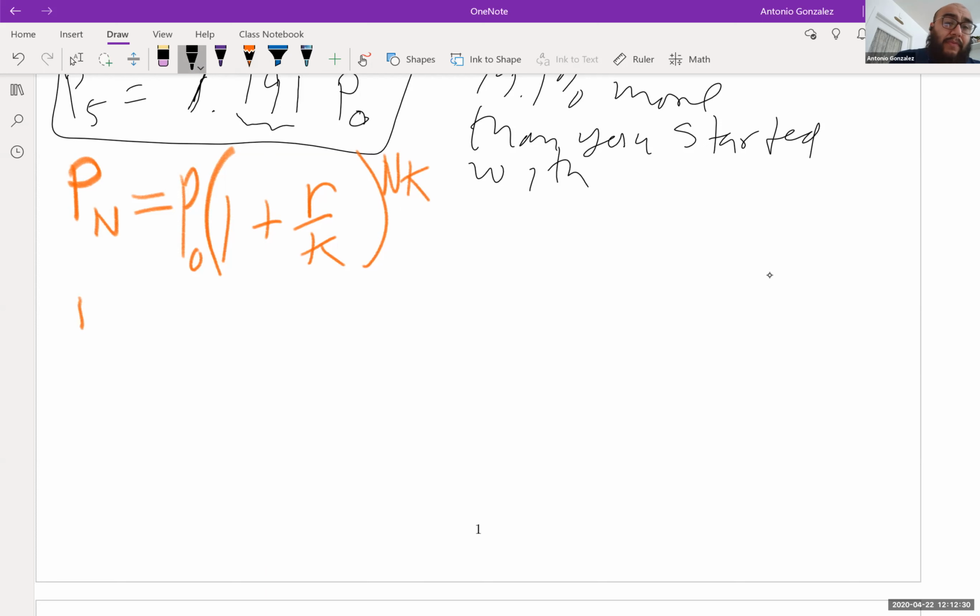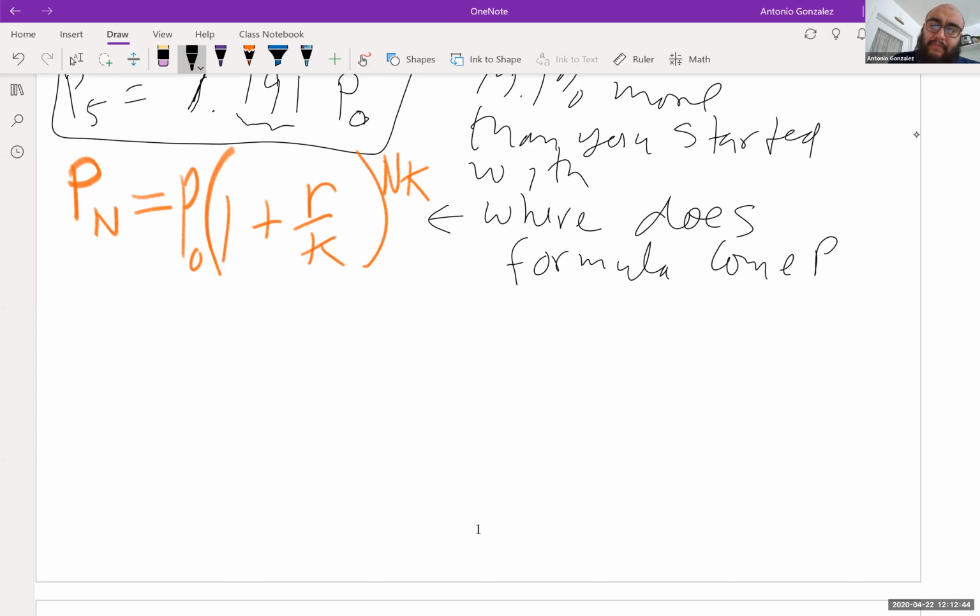So here we want to answer the question, how did I get here? Where does this formula come from? And it really comes from the simple interest formula.